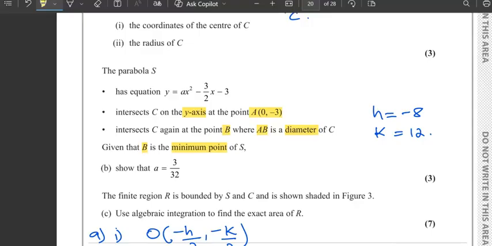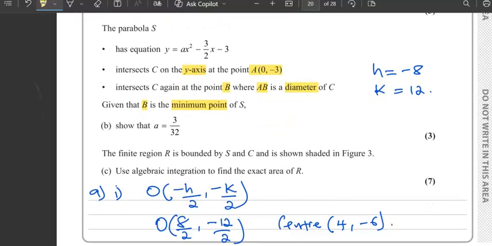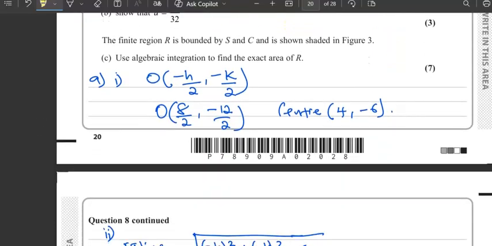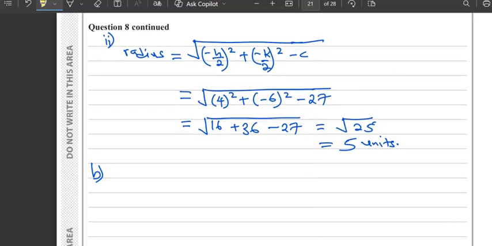Now, the first step in this case, I want us to get the coordinates of B, which is the other end point of the diameter. Now, what are we supposed to do here? One, we are given point A having coordinates 0, negative 3, and already we have the center having coordinates 4, negative 6.